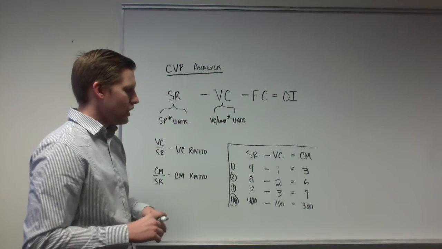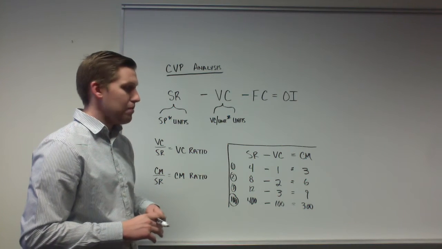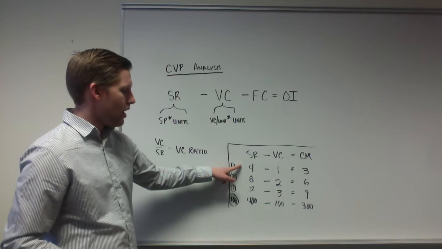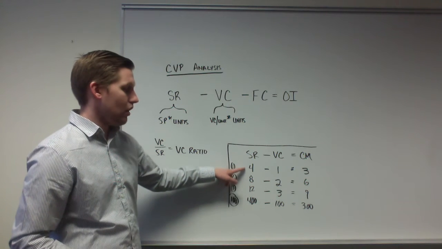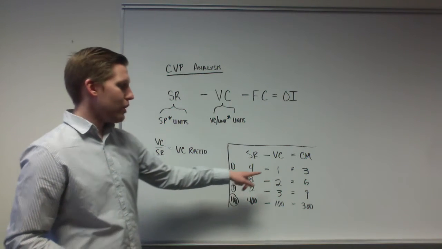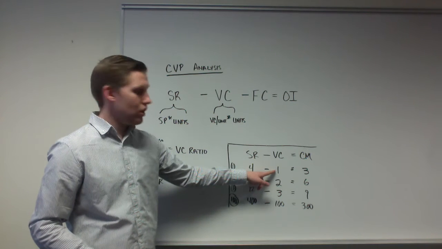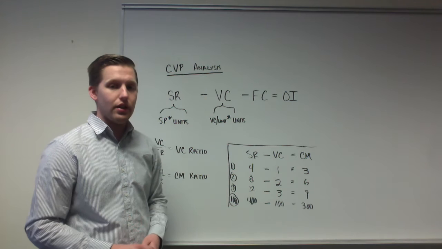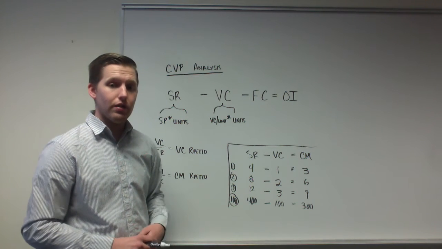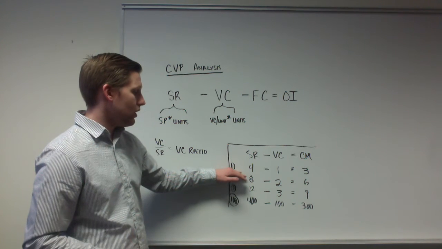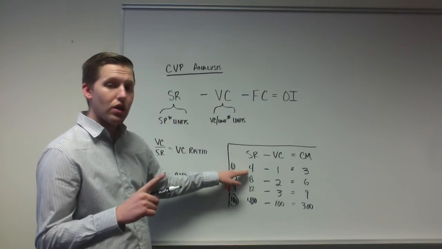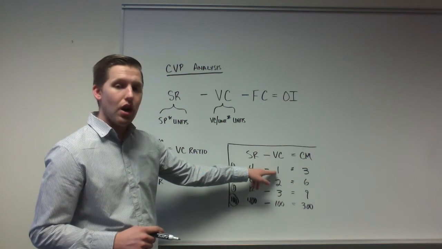But I want you to try to see some relationships here. It doesn't matter how many units I sell, my variable costs in total are always 25% of my sales revenue. So if I sell 1 unit, then 25% of sales revenue is $1, which is my variable cost.